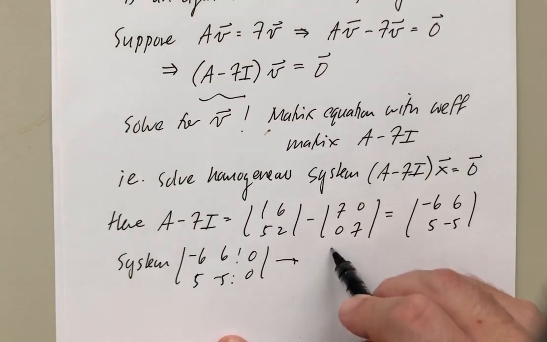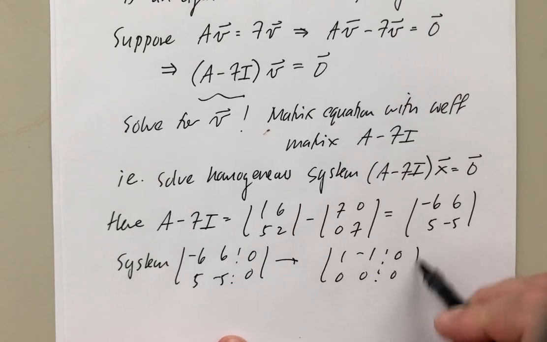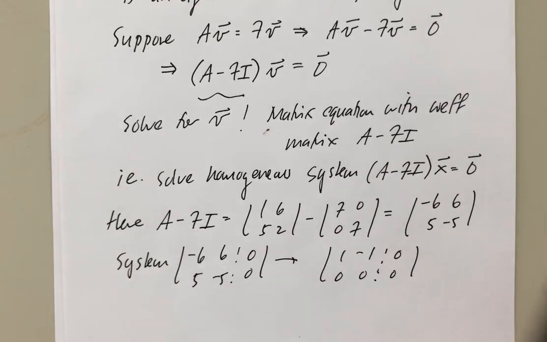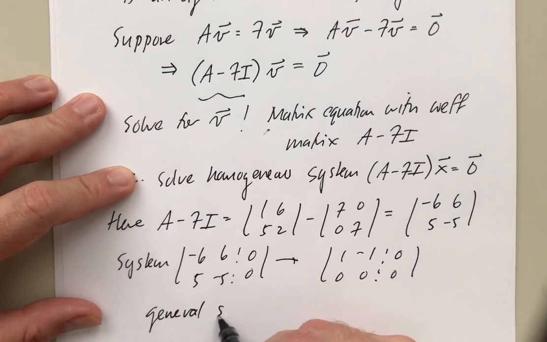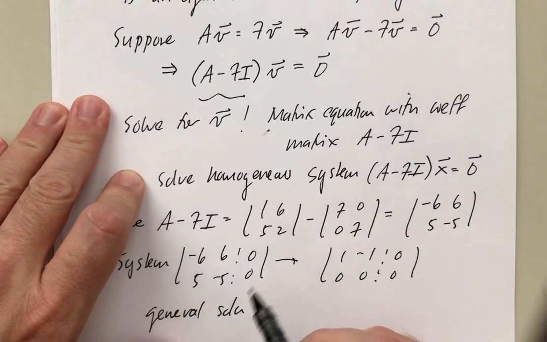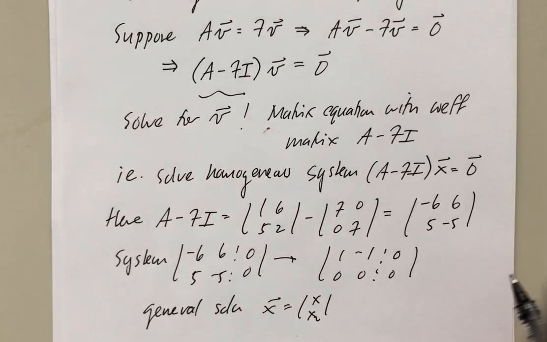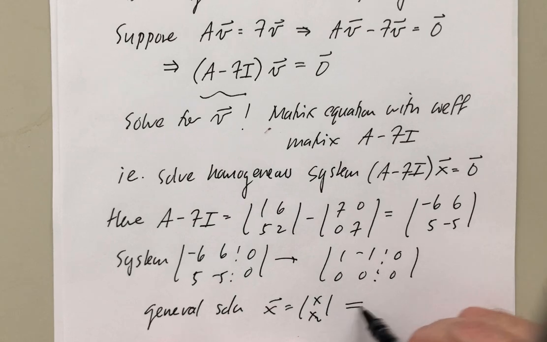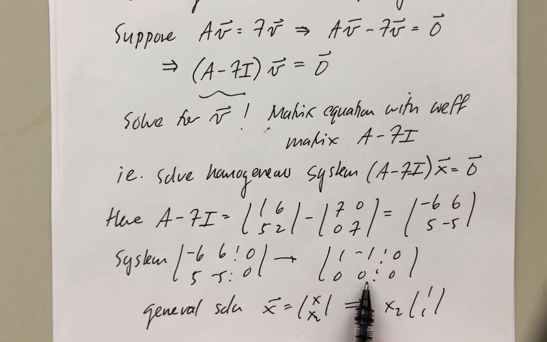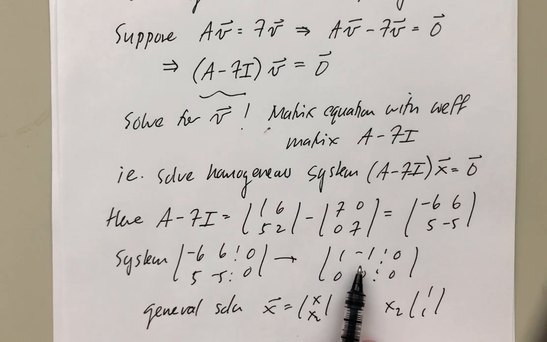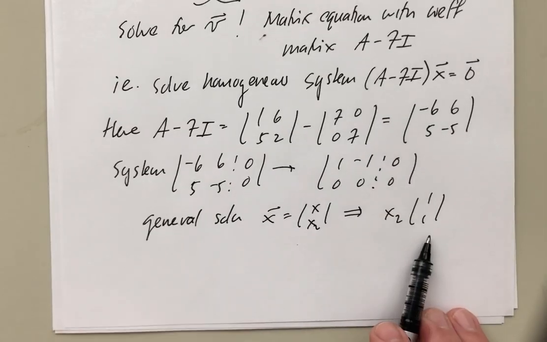It's not hard to see this reduces to reduced echelon form. So what's the general solution here? If you work this out, what you get is just x2 times (1, 1). x2 is free, and we know that x1 equals x2. So x2 times (1, 1) is your general solution.